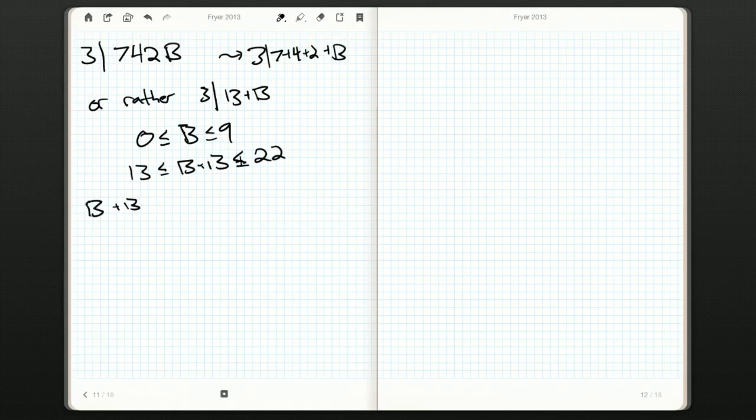I'll connect my B's a little more. So B plus 13 has got to be a multiple of 3. Well, what multiples of 3 do we have in this range? We have 15, 18, and 21. That means B is 2, or 5, or 8. So we just subtract 13 off of each of these, and that gives us possible values of B.